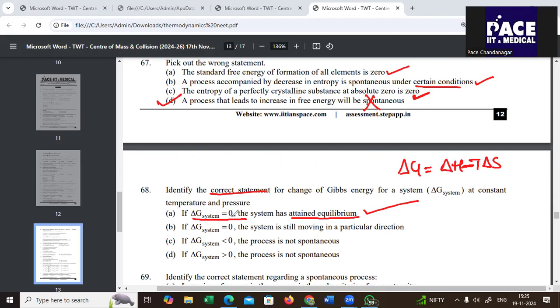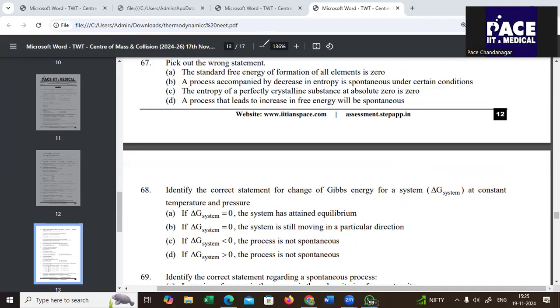Delta G less than zero, spontaneous. Delta G greater than zero, non-spontaneous. Delta G of the system is zero, system is still moving in a particular direction? Not at all. So option A is right. Please be thorough with your concepts, because the concept is going to take you further, not your formula sheet.